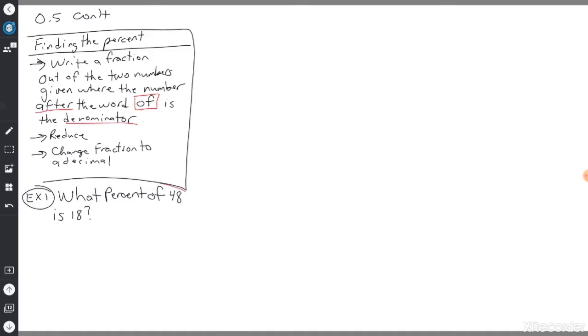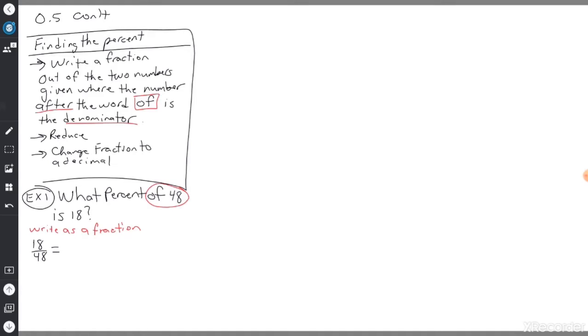So we're going to write this as a fraction with the number after the word of being the denominator. So it becomes 18 out of 48. And then we want to try to reduce this as much as possible.